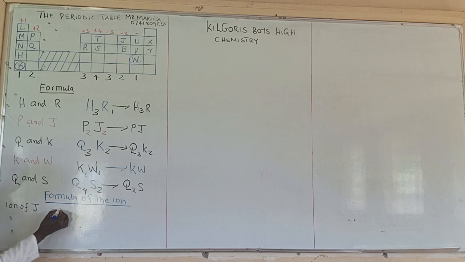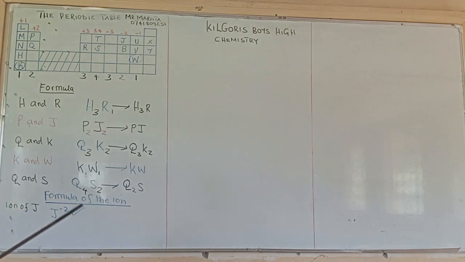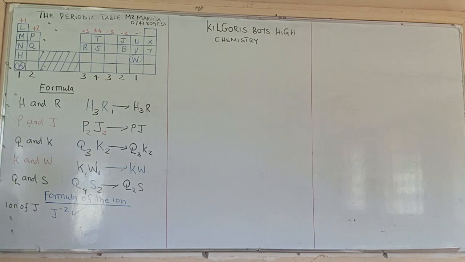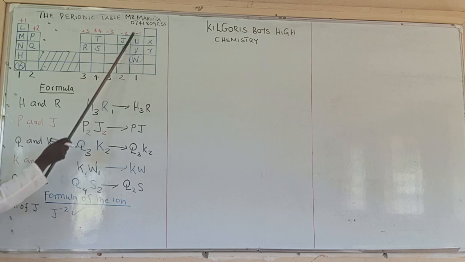So you indicate this one here as negative 2, and that one simply becomes the formula of the ion of J. Suppose now you have also been told to write the formula of element V, element U, V, and W. All of them have negative 1 at the top.